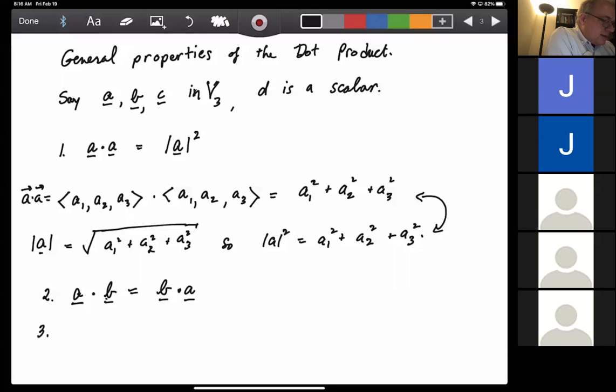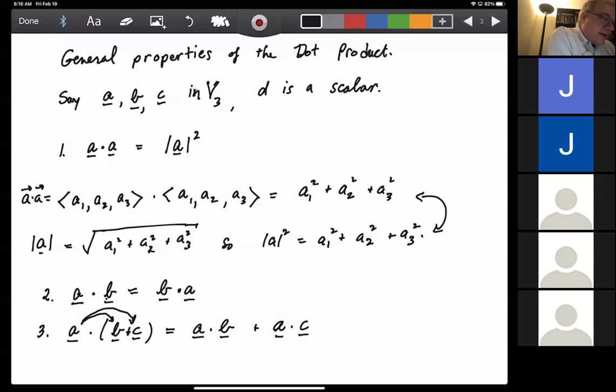If you take a dot product with a sum of vectors in one of the entries, you can distribute that product. This is going to be A dotted with B plus A dotted with C. So vector A dotted with the sum of the vectors B and C, I can distribute this multiplication over the addition.